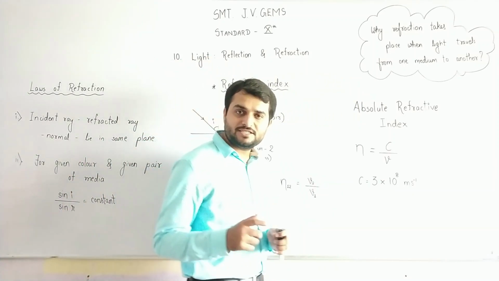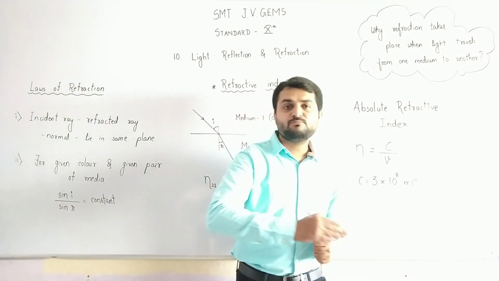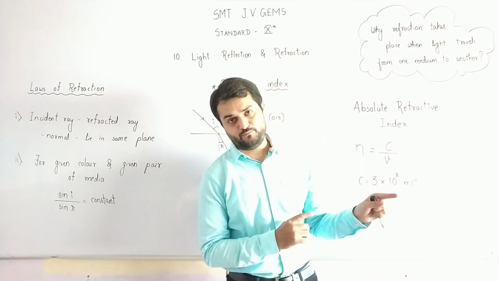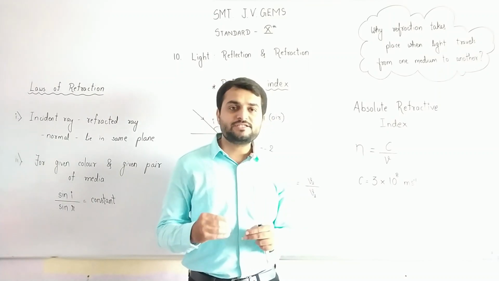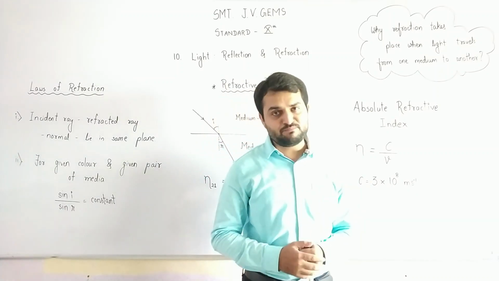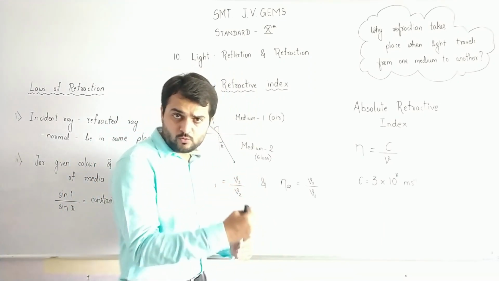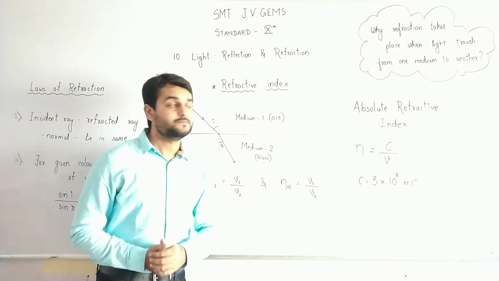The answer to this is that the speed of light varies from medium to medium, but it is maximum in vacuum, then a bit lesser in air, and it decreases further in different transparent media. So from that topic we get the refractive index of a material.